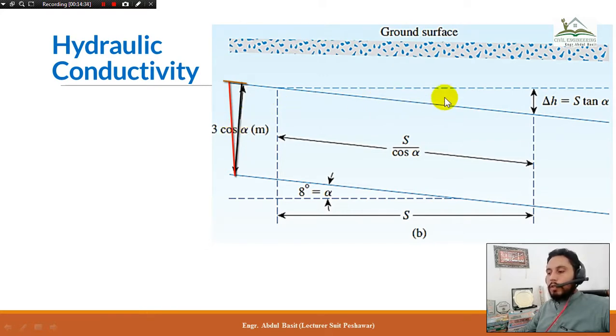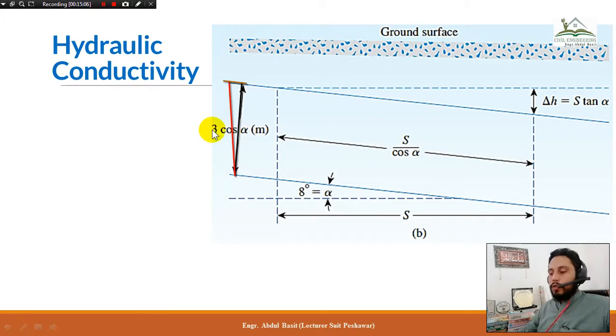By using the transitive property, the angle alpha at this point and at this point will be equal. So this is the triangle in which this black line is the base and this red line is the hypotenuse. So cos alpha will be equal to base by hypotenuse. So base, this black line, is equal to h multiplied by cos alpha.